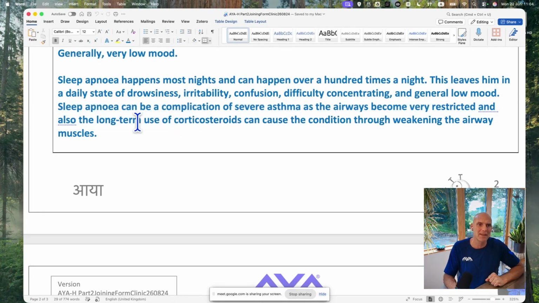And he's also found out that the long-term use of corticosteroids, which is salbutamol, can cause a condition through a weakening of the airway muscles. So as a result of that long-term use of the inhaler, it's actually given him the condition of sleep apnea.